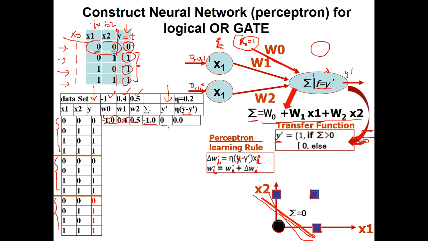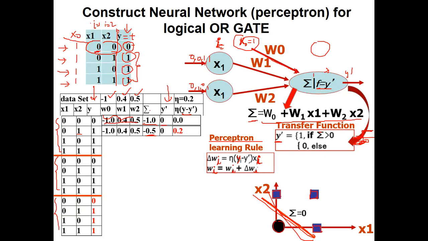It means in the next iteration there is no change in weight because the change in weight is 0. So the same values will continue.